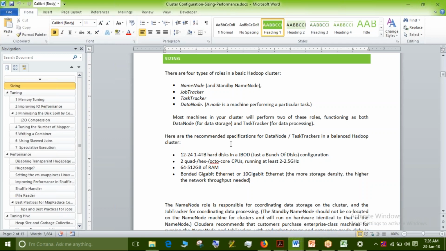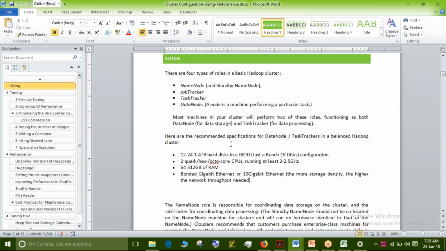You got the point, balanced cluster? What would that mean? There is an in-depth meaning for the term balanced cluster here. The recommended specifications for data node or task tracker in a balanced Hadoop cluster.